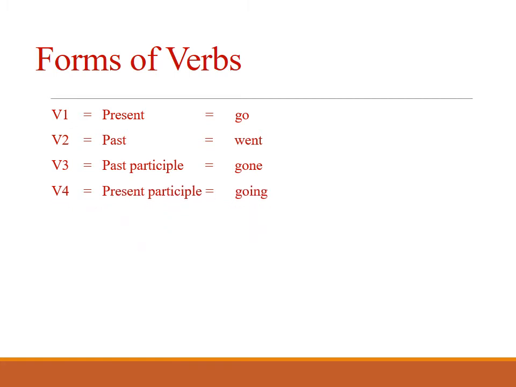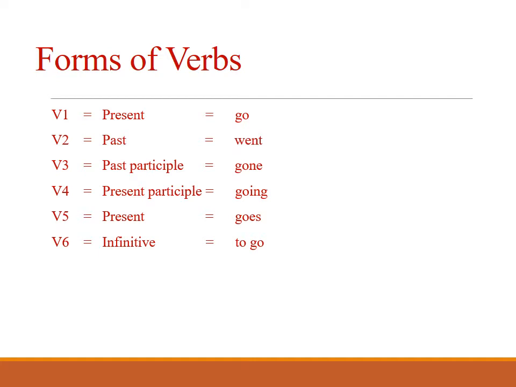The fourth form of verb is the present participle, going. The fifth form of verb is the present tense plural, goes. The sixth form of verb is the infinitive form, which is, for example, to plus the verb, to go.